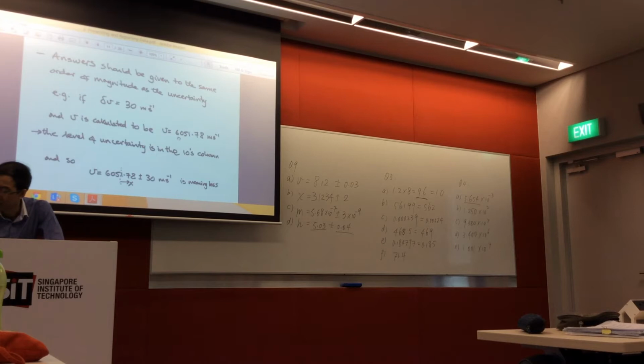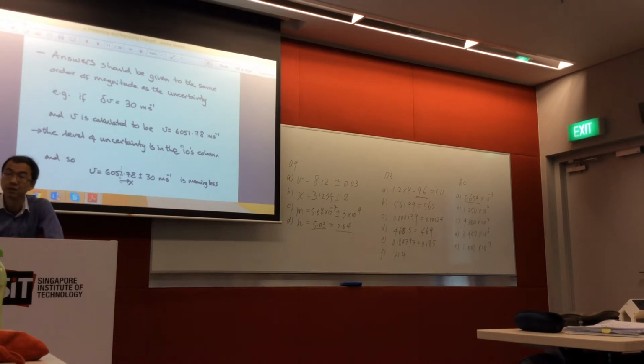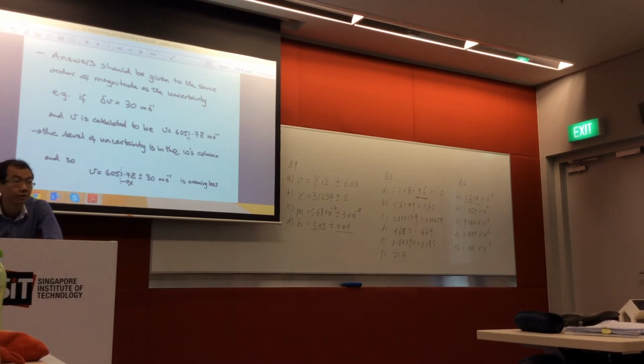You should report 6050. If you report 6051, then they will have a different order of magnitude, because for 6051 your order of magnitude is actually 10 to the power 0. So you have to report 6050, which has the same order of magnitude as 30.